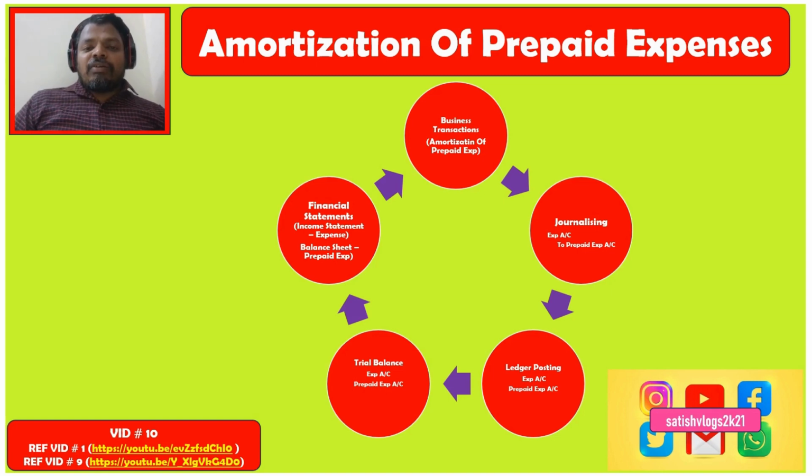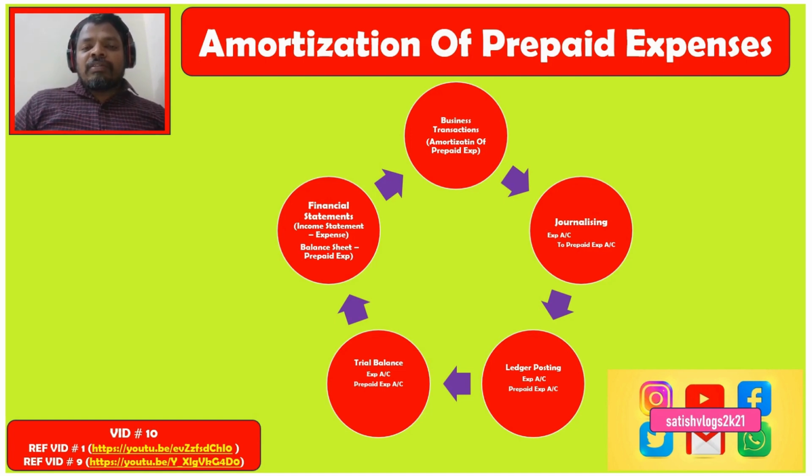It is the prepaid account, which is already available in my balance sheet, right? And I would be reducing my prepaid expense to the extent of the expense which has been moved to the income statement in the current period, right? Yeah, hope this is clear.